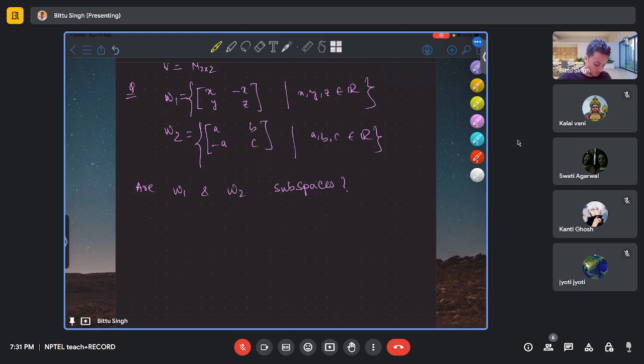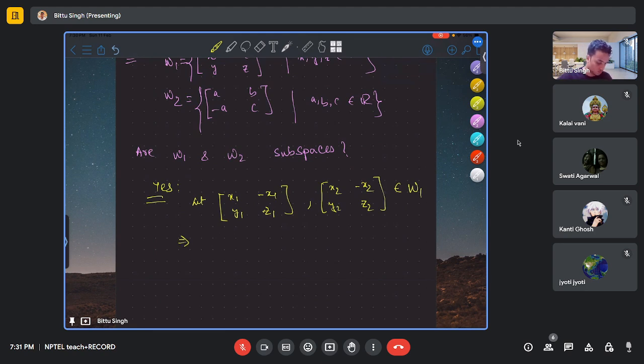The answer is yes. Why? Because it is closed under addition and closed under scalar multiplication. Take any two elements. Let us check for W1. So let x1, minus x1, y1, z1, and x2, minus x2, y2, z2 belong to W1.